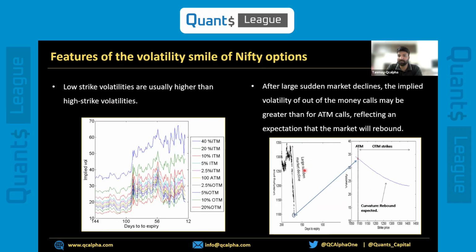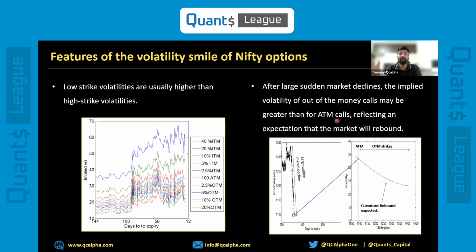Yes, this is visible in the market. After large sudden market declines, the implied volatilities of out of the money calls can be greater than for ATM calls. What it means is that when we see a sudden fall in the market, your OTM calls suddenly start becoming pricier.